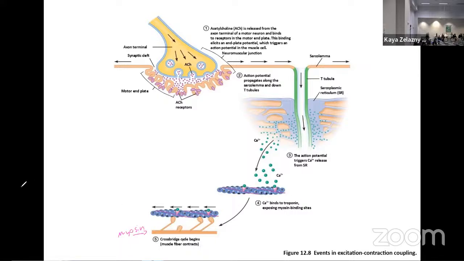So we had our myosin binding sites on the actin, and we had our actin binding site on the myosin. So that's at that point of contact. And they're just like magnets, they go together.